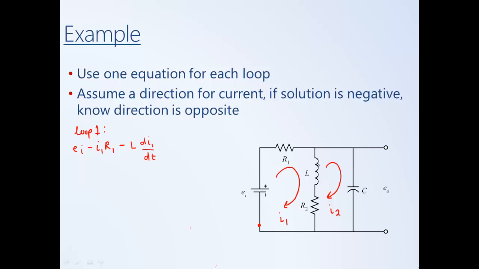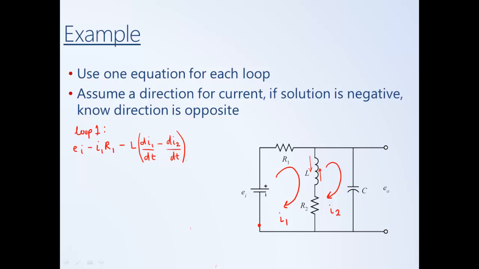This branch is slightly different, however, because not only have I defined a current I1, which is flowing down through the inductor, I've also defined a current I2 which is flowing up through the inductor. And so I will also need to include the drop due to I2.